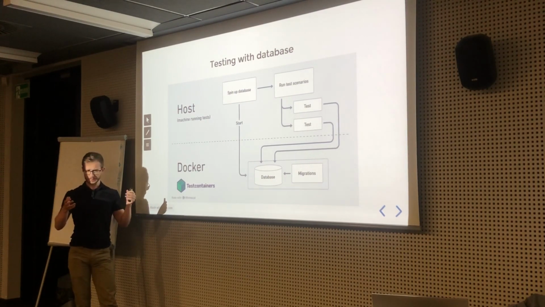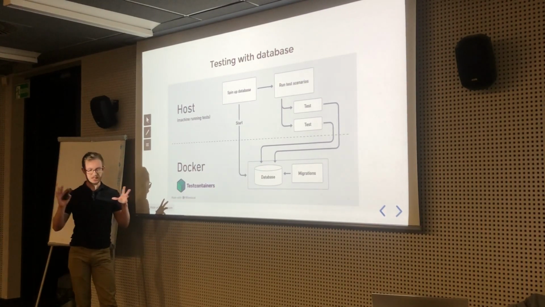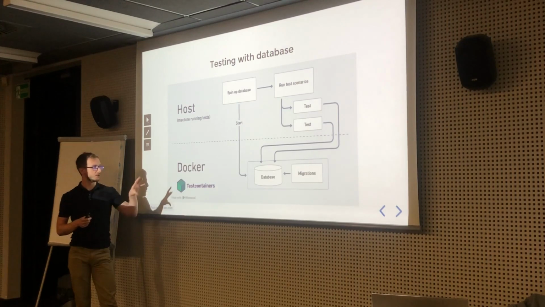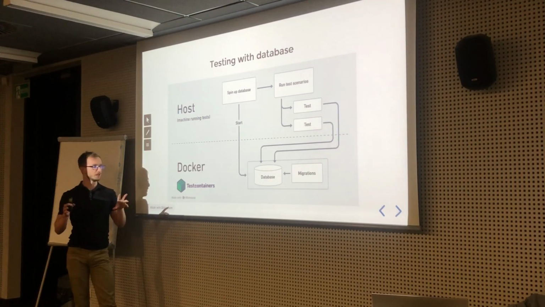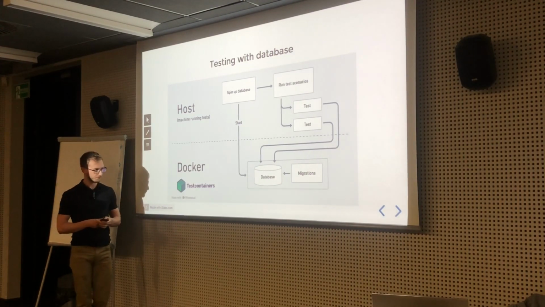One test adds something to the database, the second one removes it. Not nice. And you have to take care of centralized seeding, make sure that nothing ever overlaps. With this, you can make sure that your test has its own database on which it executes tests.